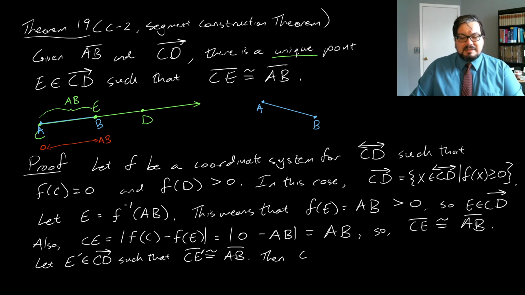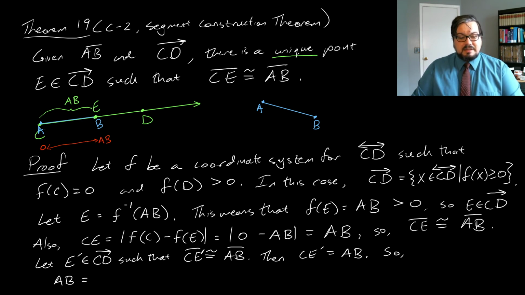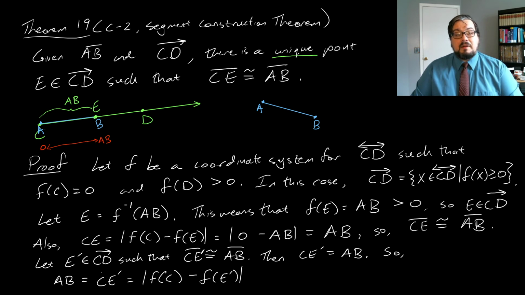But then that means that CE prime is equal to the distance from A to B. So that means that AB is equal to CE prime, which by definition is the difference of their coordinates.